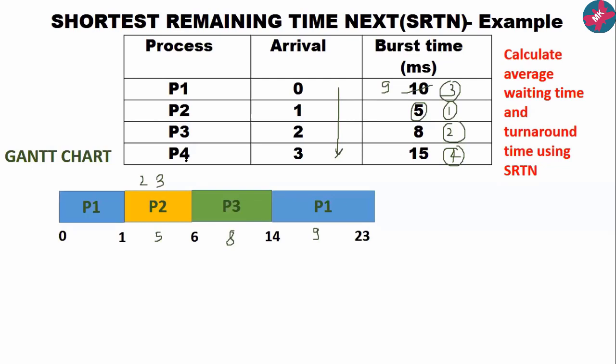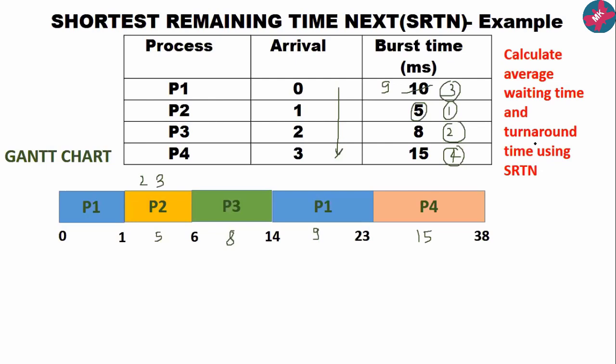And after P1, the next job that will be executed will be P4, isn't it? Last one remaining. So this will execute for 15 milliseconds. So at the end of 38 milliseconds, all the processes will be executed one by one.